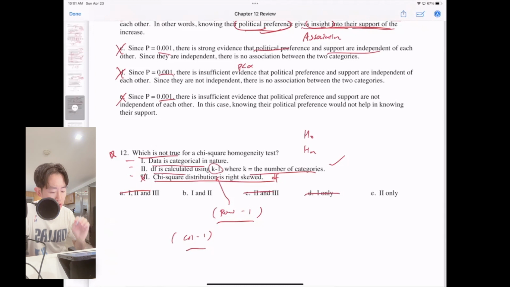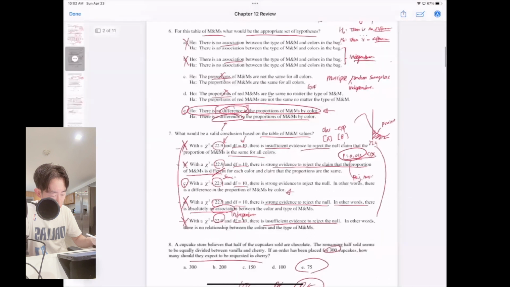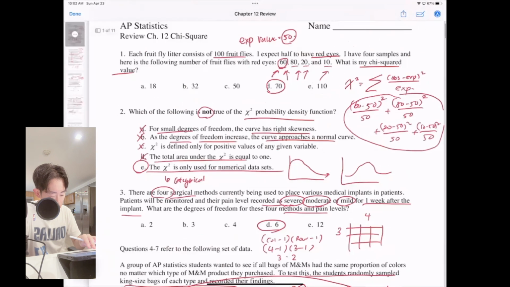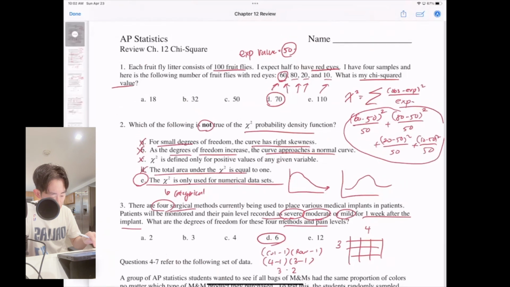Data is categorical in nature. Remember from the previous that the data can be quantitative. It's just that we have a lot of categorical things that we're doing. So the correct answer for number 12, I believe, yes, they said it was E. It could be quantitative. And I believe we have done a question like that before.